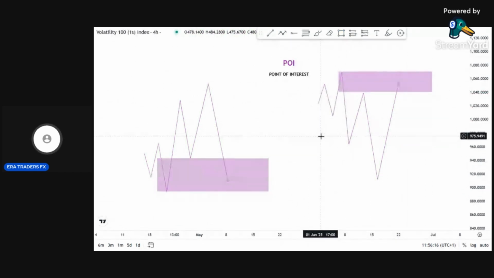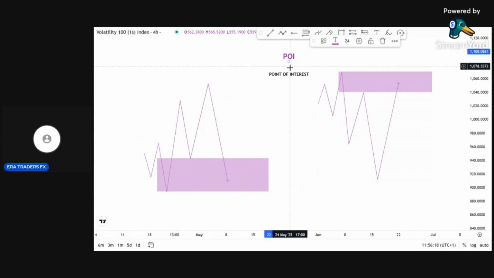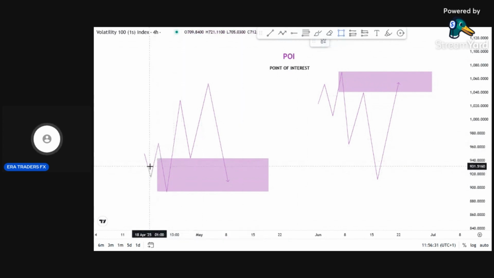Now, within this point of interest, there are specific points of interest that you want to take trades from. One of them is failed order blocks in this level. The block that failed here, for example the last sell candle before this buy move that failed, is your QM entry.